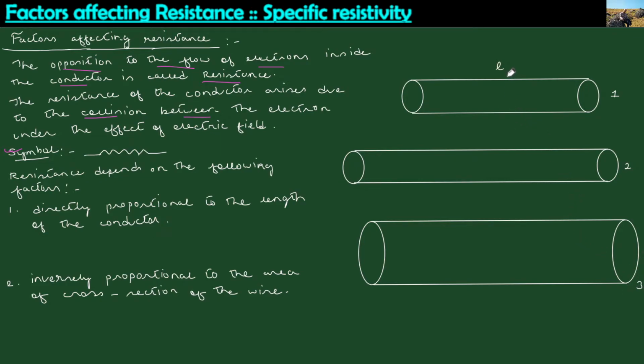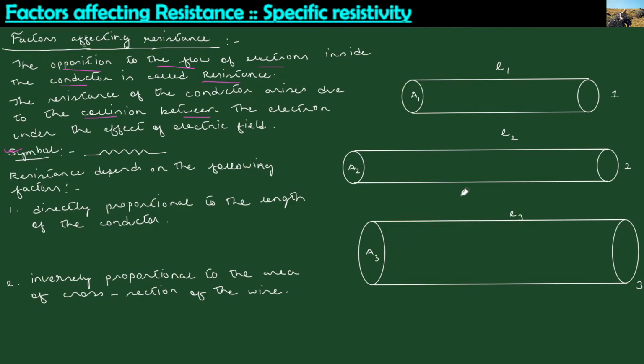Now, when you look at these conductors, the lengths are different. Those are the lengths of these conductors. And even the area of cross section is also different. I can write it as A1, the area of cross section of the second wire as A2, and the area of cross section of the third wire as A3.